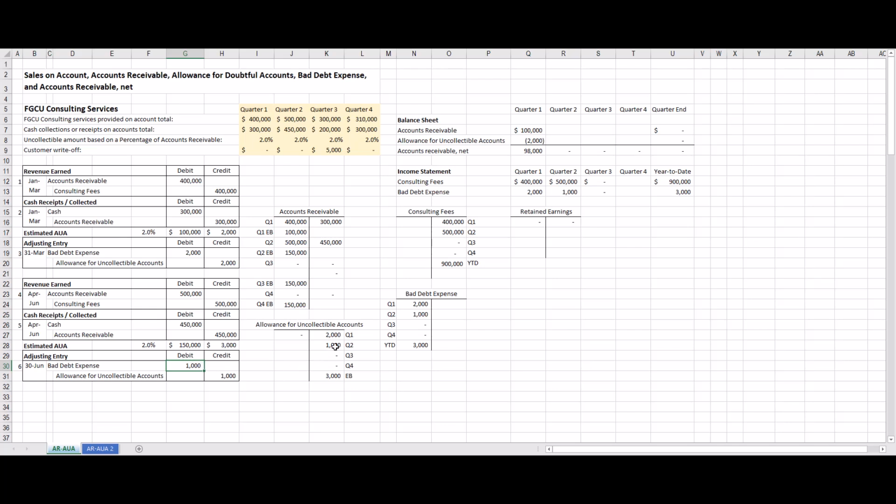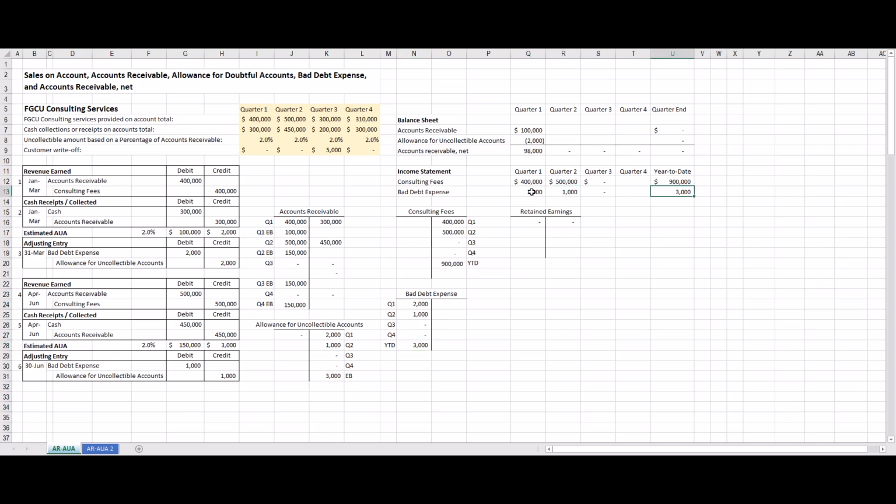We debit bad debt expense for $1,000 and credit allowance for uncollectible accounts for $1,000. Once the amounts are posted to the general ledger, the bad debt expense for the quarter was $1,000. And for the year to date, it will be $3,000, which is the sum of quarter one and quarter two.